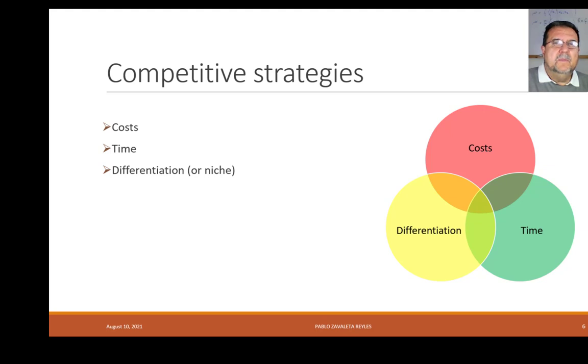Usually we will be competing with one of these three, sometimes two. It will be very, very hard if you try to compete with all three competitive strategies at the same time. Why?